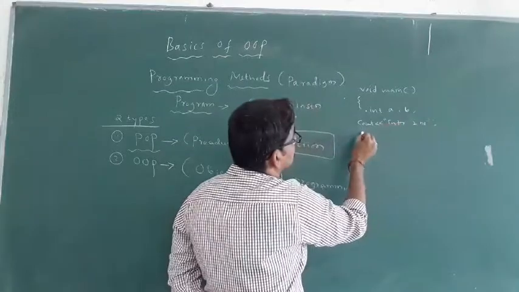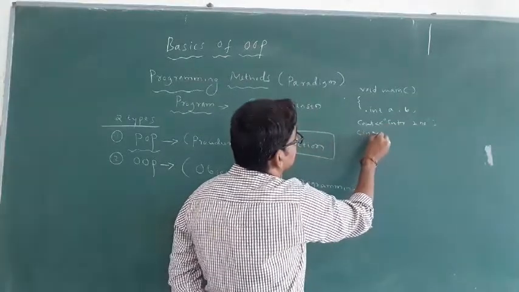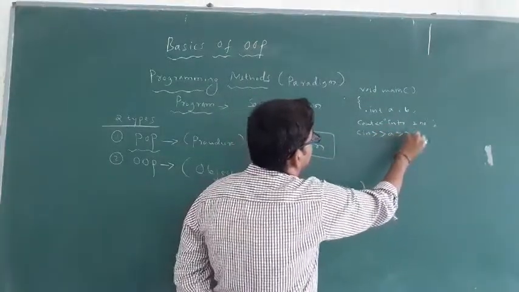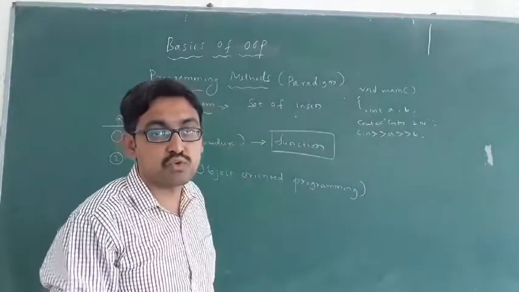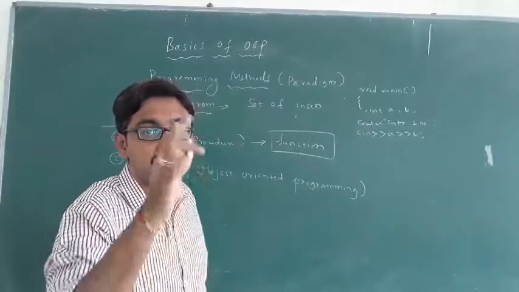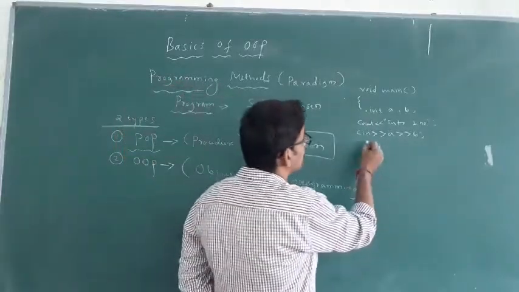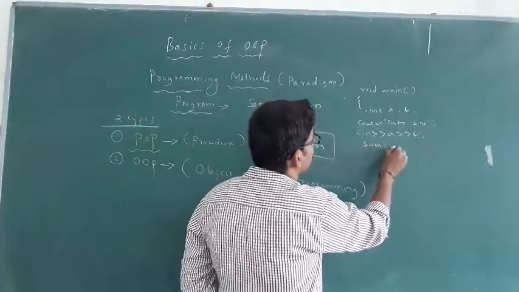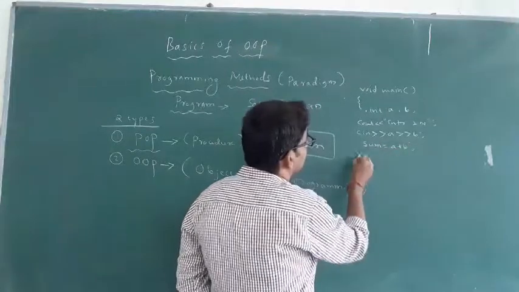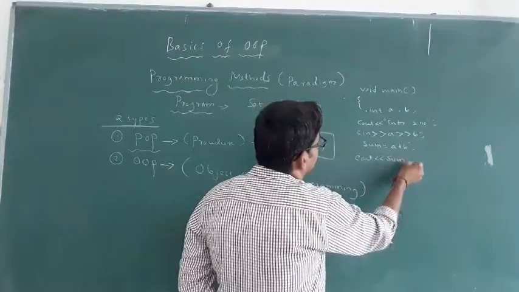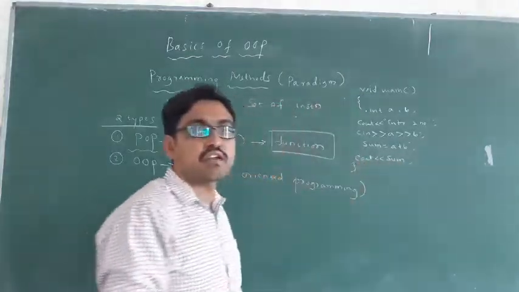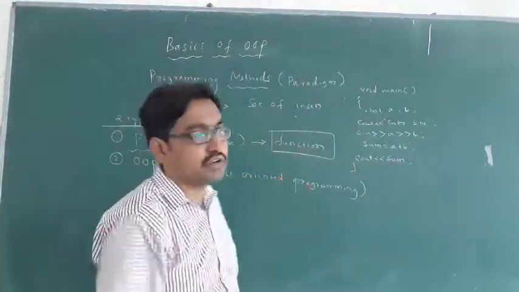Then I am taking cin a b. Then I want to calculate this. I am writing a program for adding two numbers: sum equals a plus b. Then cout sum and getch, close the bracket. This is a small program, you already know.